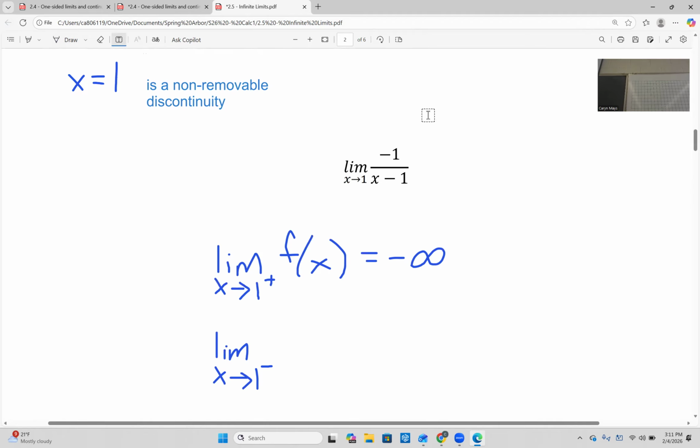If I take 0.999 minus 1, I get a negative number. So my numerator is still negative, and my denominator is negative. What's a negative divided by negative? Positive. So which infinity is it going to go to? Positive infinity. And hopefully our graph defends that.